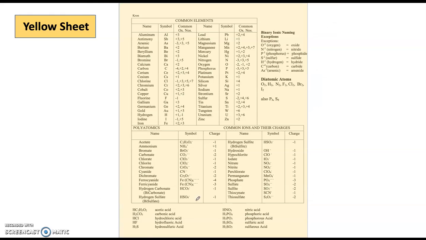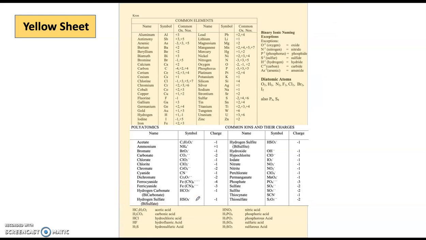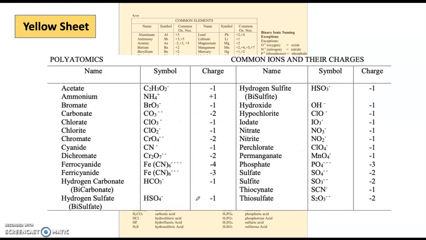On the same page of your yellow sheet, you have the polyatomic ions. The polyatomic ions are listed here. This is their name. They're in alphabetical order, so you've got half of them here, half of them here, two columns. Now the symbol, so for acetate it's C2H3O2, and then there's a minus because it has a -1 charge.